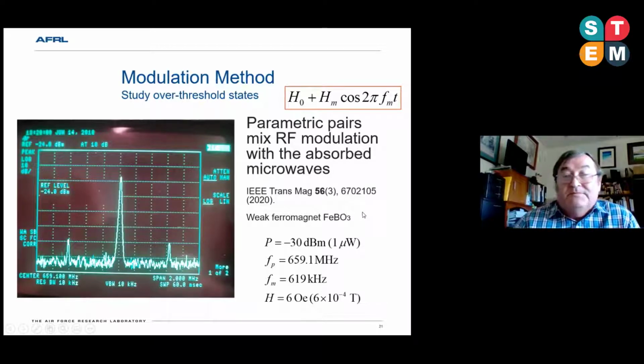FeBO3, iron borate. This is the main parametric excitation at this frequency, transmitted through the resonator with the sample. And you see that these two satellites, which correspond to the modulation frequency, appeared when we are above the threshold.